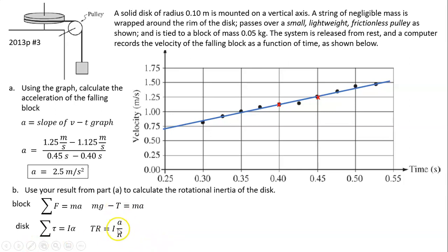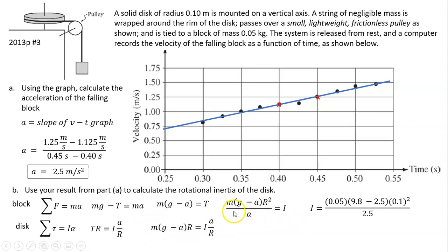We have two equations and two unknowns, T and I. To solve for I, we solve for T from the top equation, T equals m times g minus a, then substitute that into the second equation and solve for I. So I equals m times g minus a, times r squared, divided by a.